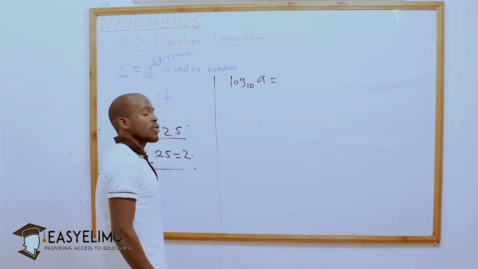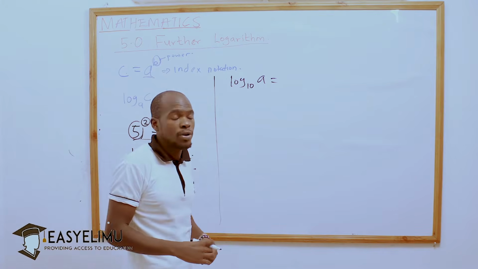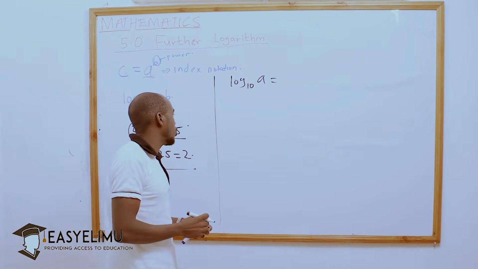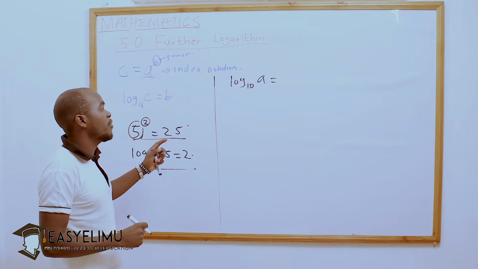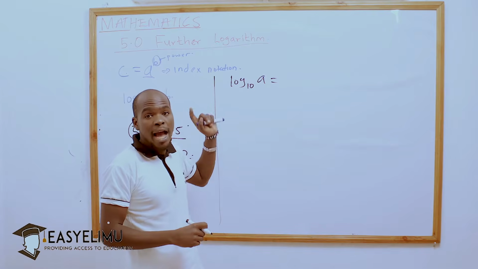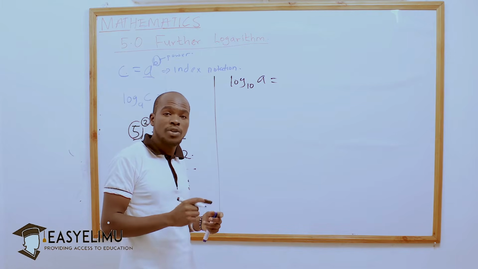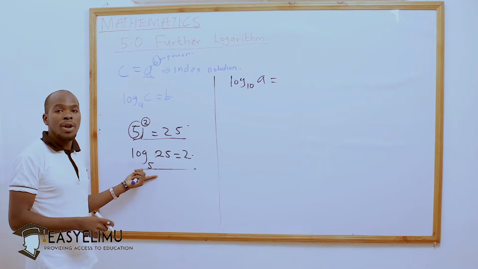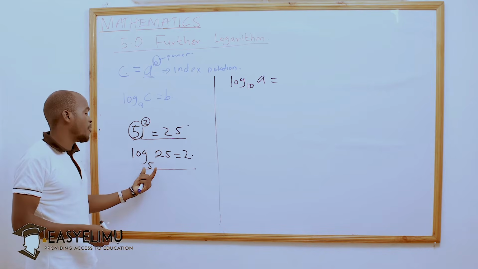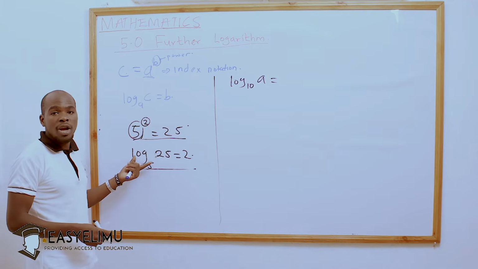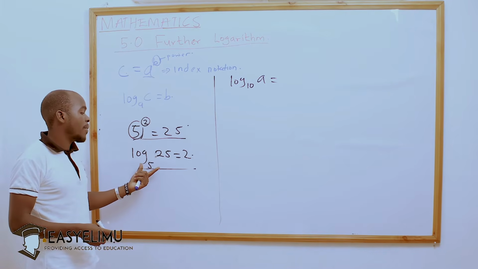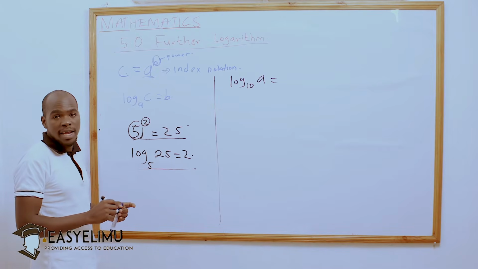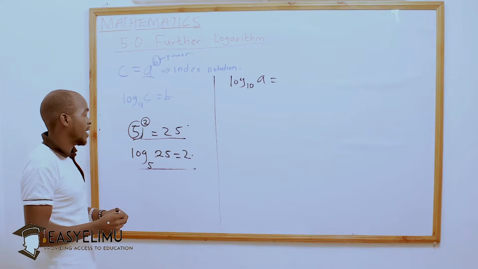In log tables, or mathematical tables, where you will find logarithms of numbers, it will be giving you an answer to the base of 10, and calculators also give answers to base 10. But here it is to base 5. I will show you later as we move on how you can convert a given logarithmic notation number to a base which is not 10 and make it base 10, so as to work it out using a calculator.